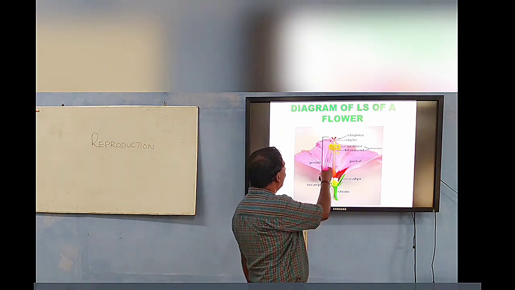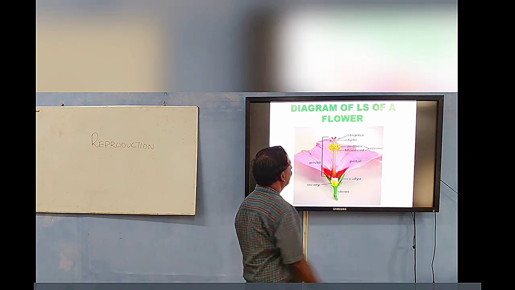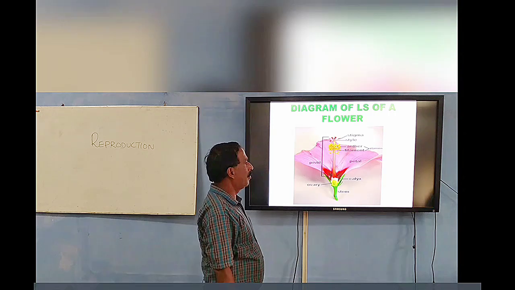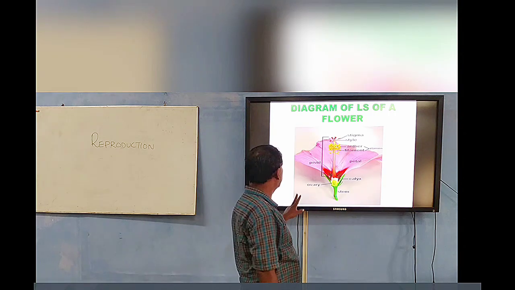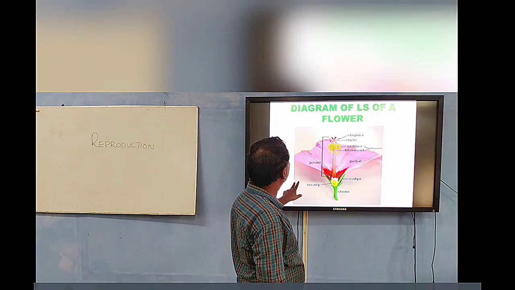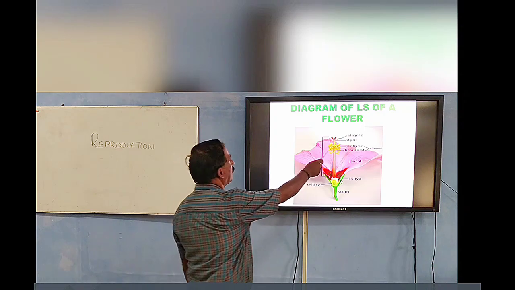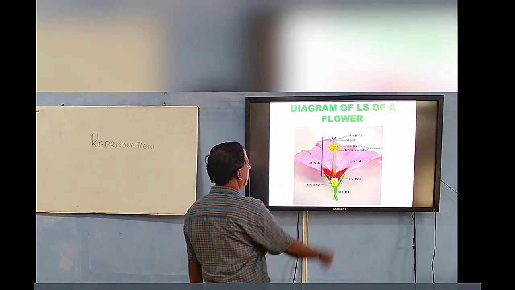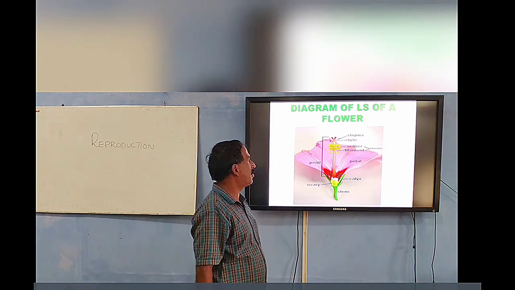The male reproductive organs, the anther and the filament, collectively form the stamen. See this yellow part. And the female reproductive organ is stigma, style, and ovary. This part is the ovary. So these three parts are the female reproductive system.